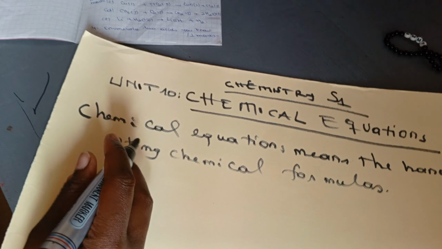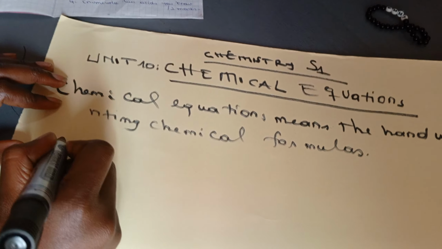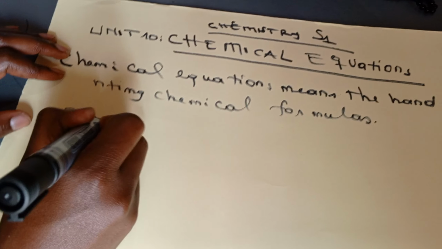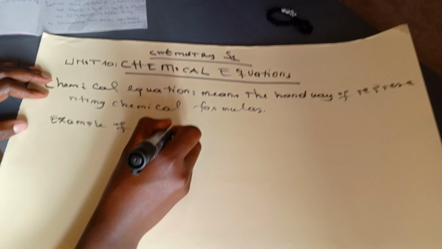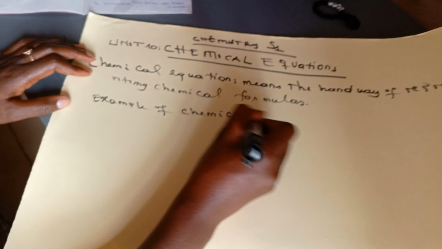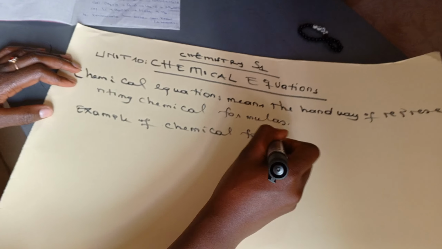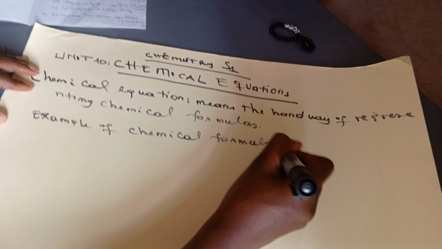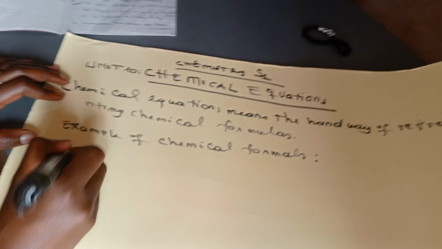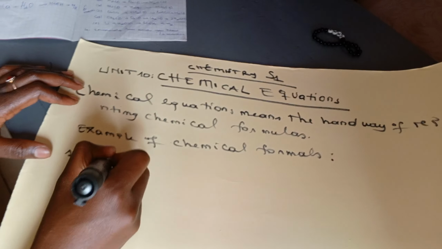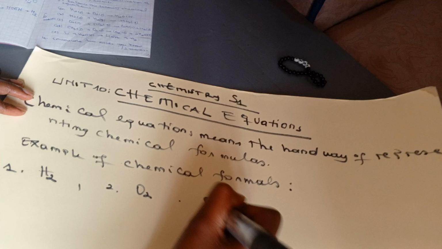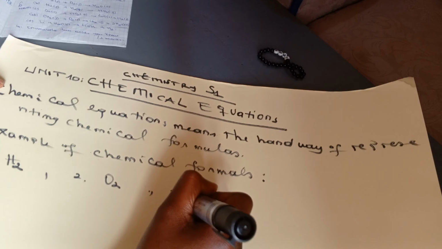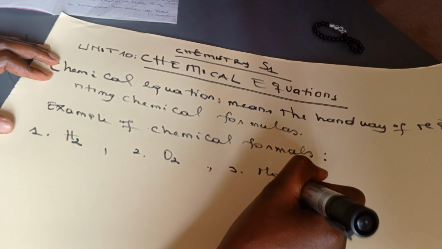When we say chemical formula, we can write as an example of chemical formulas: the first one we can write hydrogen, the second one oxygen, the third one magnesium.